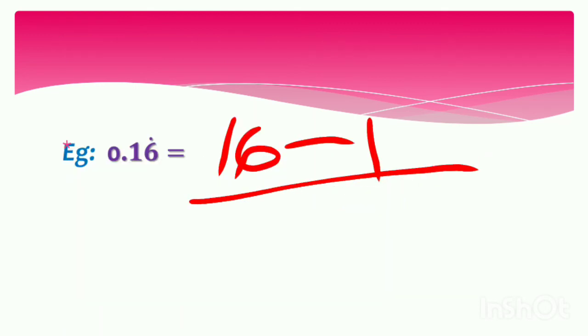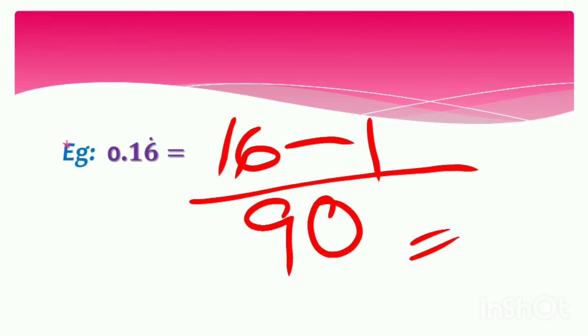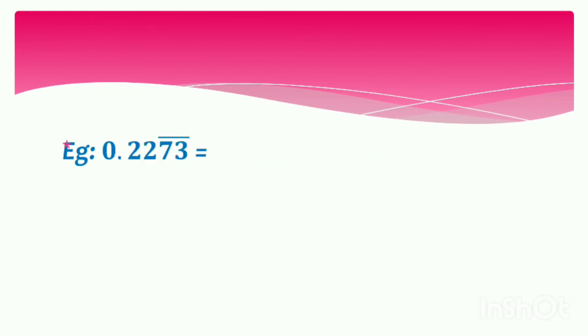Here, how many digits are repeating? Only one, right? So we put one 9. How many non-repeating digits? One. So we put only one 0 here. Are you all clear? So we will get 15 by 90, which when simplified gives a vulgar fraction. Even this is a vulgar fraction; if we need, we can simplify it. This means 15 by 90 is equal to 0.16666 etc.